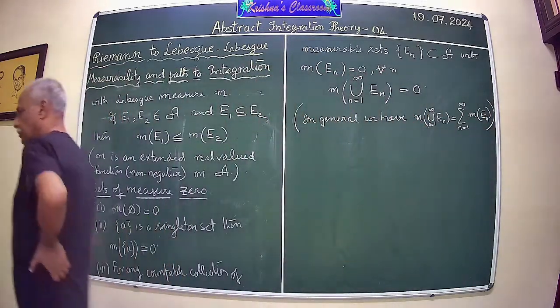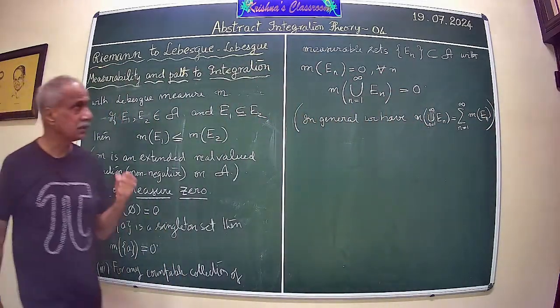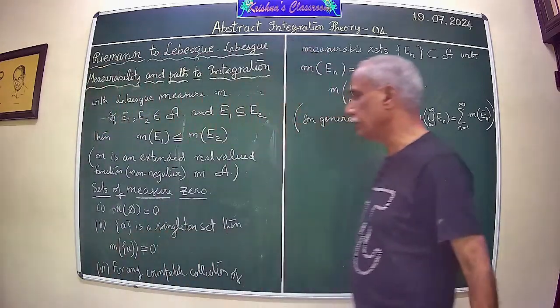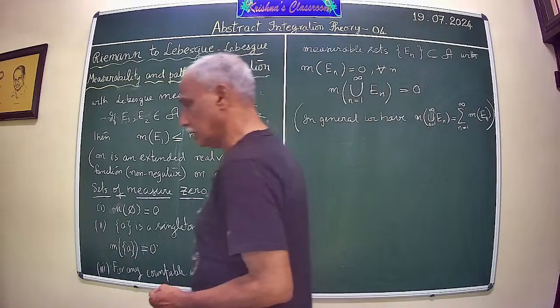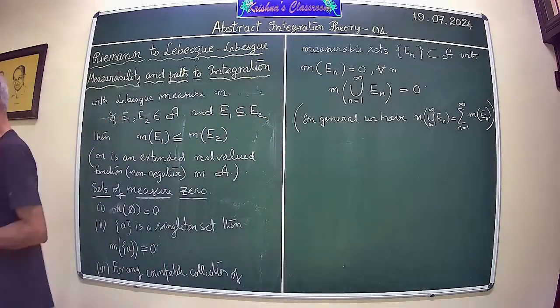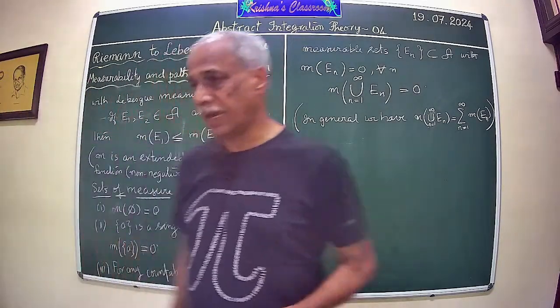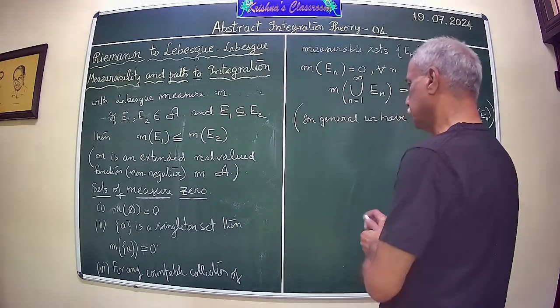That is what you call countable additivity. These are some of the important things, and you also have if A and B are measurable.